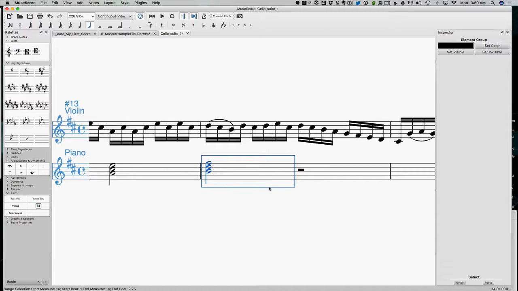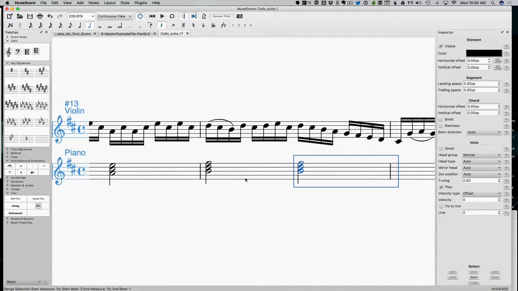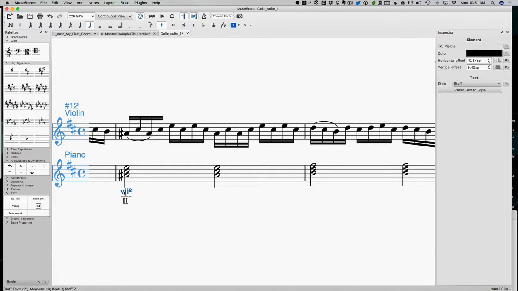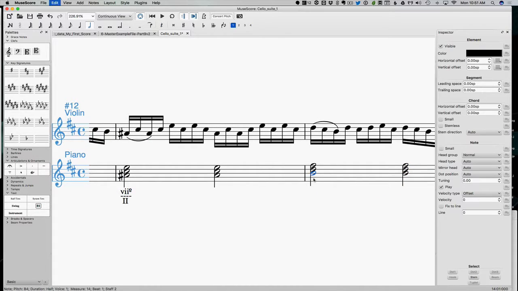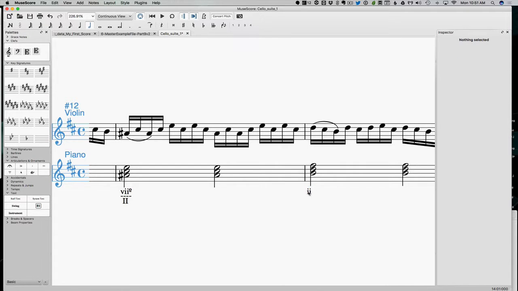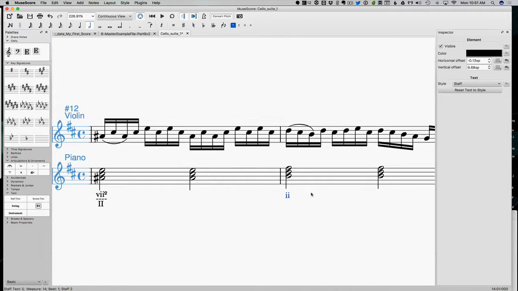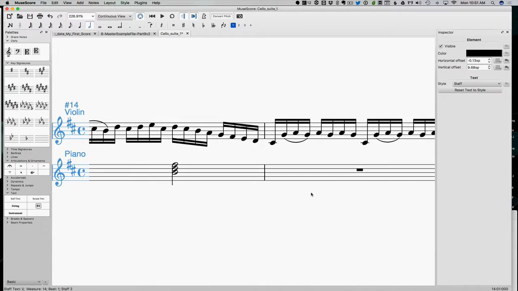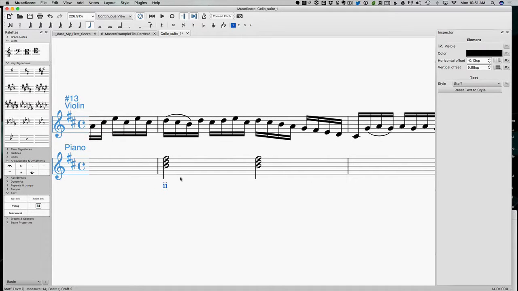Okay, and let's put that here as well. And that's a 2 chord in the key of A, which we are maybe still in, but let's think about this for just a second.